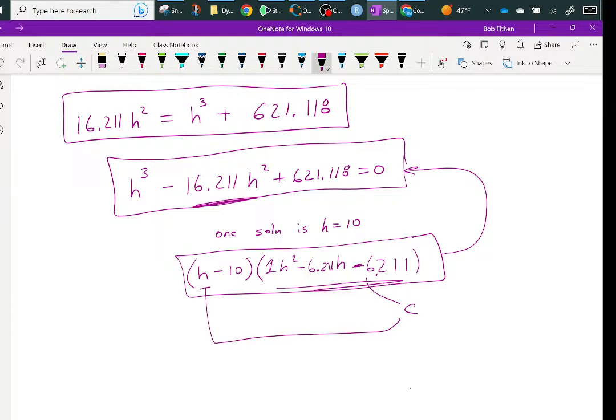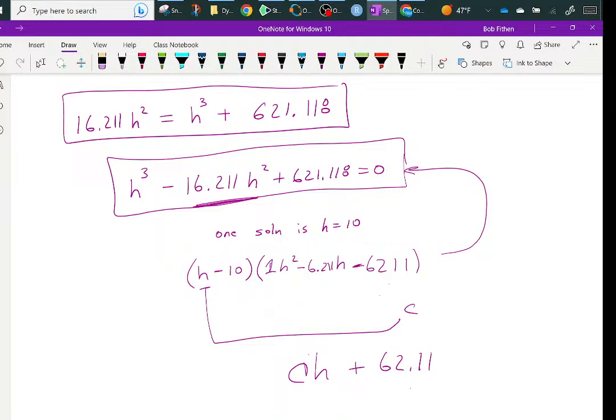C times H, and then 10 times that. That times that is plus 62.1. You are correct. Man, my short-term memory is gone. I must be hungry.